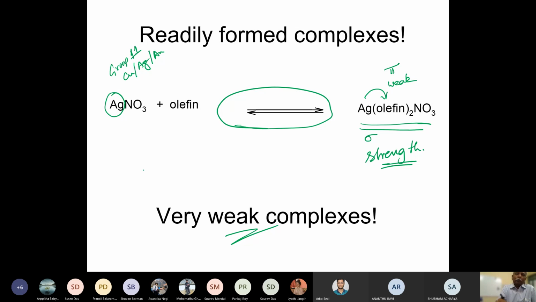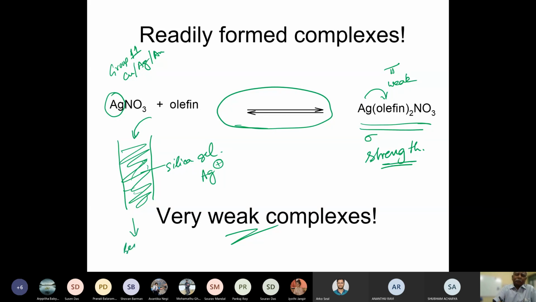All you have to do is to take a silica gel column. You take a silica gel column and you coat it with a small amount of silver salt. And you add a mixture of olefins. These olefins are nicely separated.